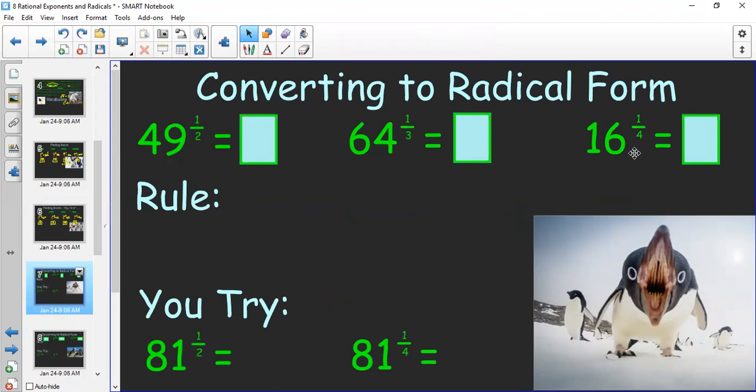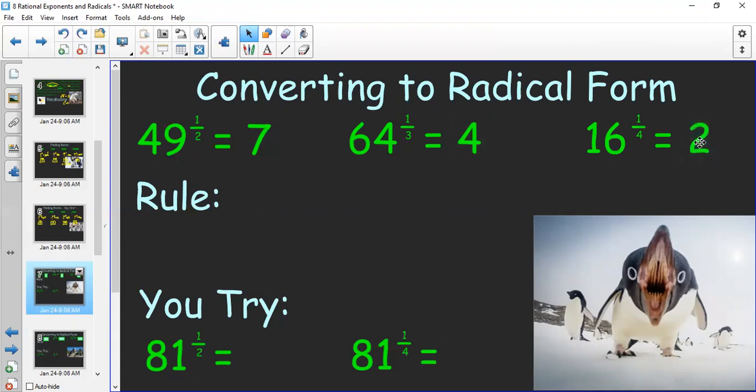I want you to pause and see if you can figure out what the rule is, and then we'll go over the rule and I'll have you try 2 more on your own. 49 to the 1/2 power, that answer is 7. 64 to the 1/3 power, that answer is 4. And 16 to the 1/4 power, that answer is 2. See if you can pause here and discover the rule on your own.